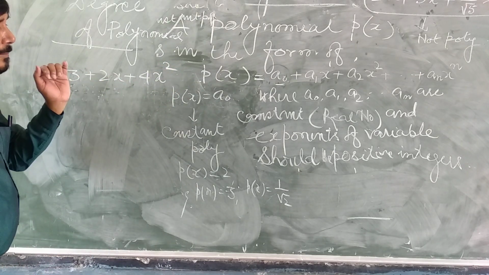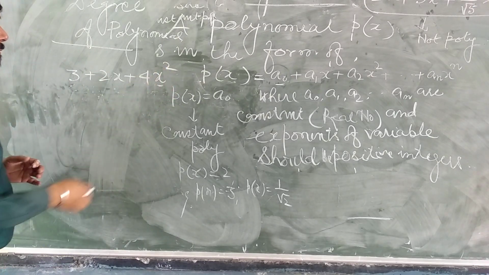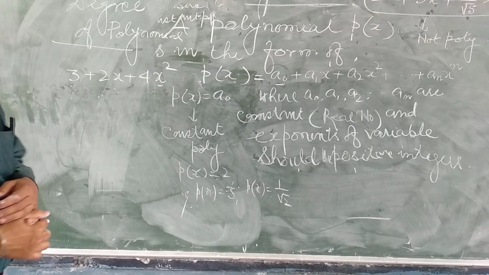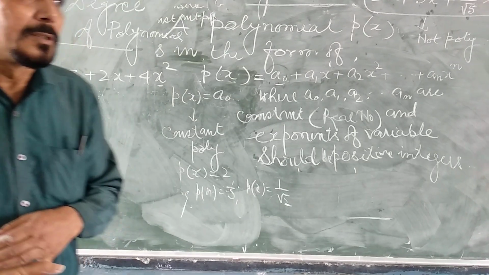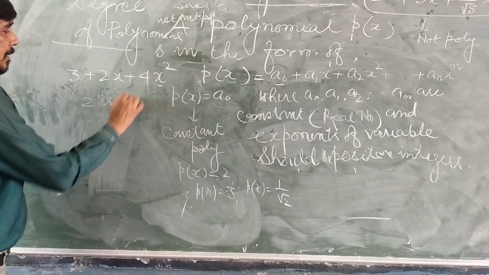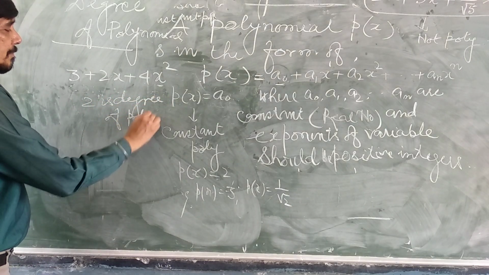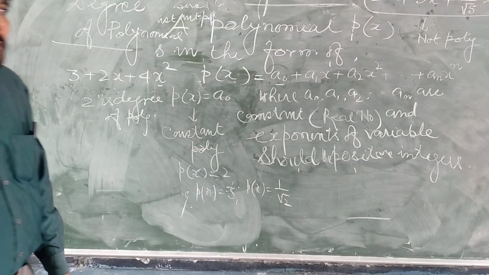Here there are 3 terms. In the third term, the exponent of the variable is highest. So 2 is the degree of the polynomial. Okay?